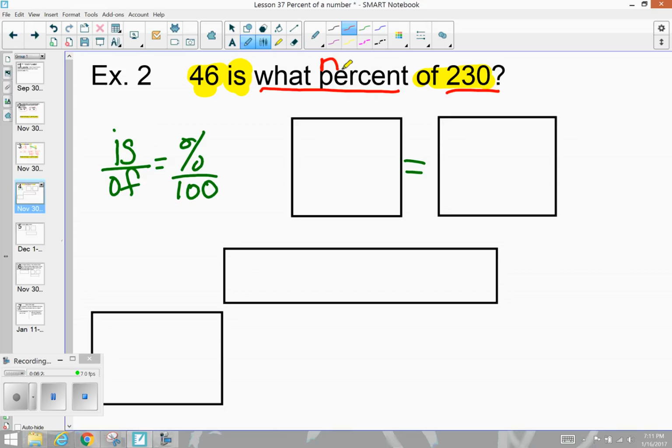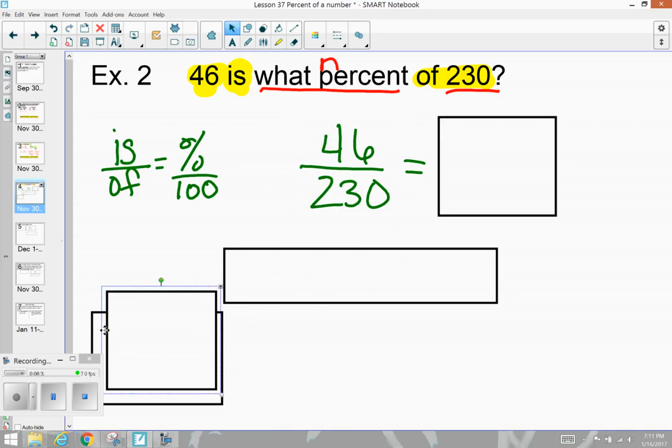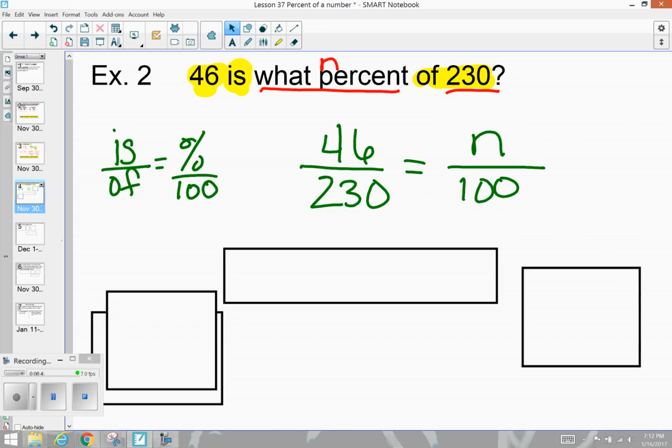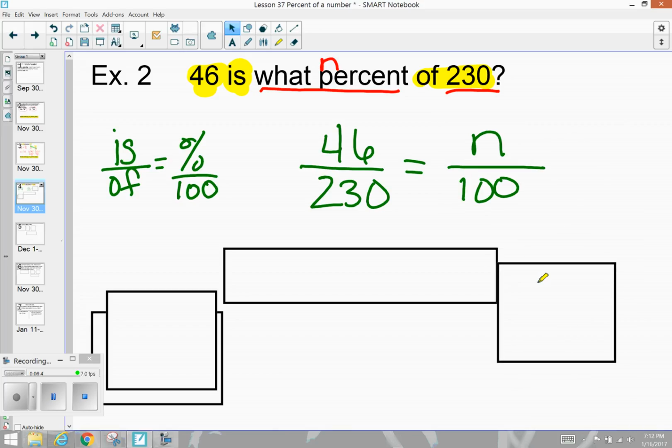It's 230. So you should have said 46 is over 230. And we don't know the percent, so the percent is going to go right there. So our percent is n over 100 because 100 is always the denominator.